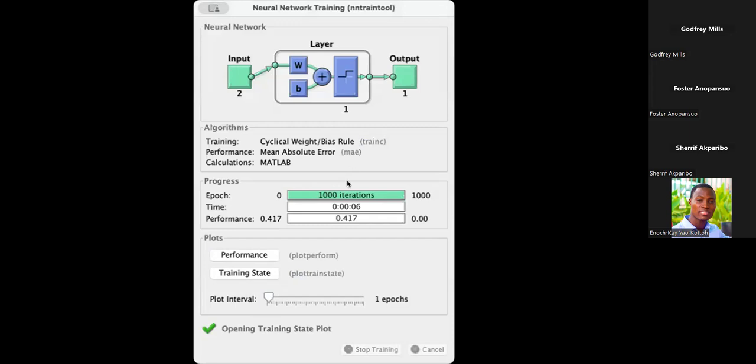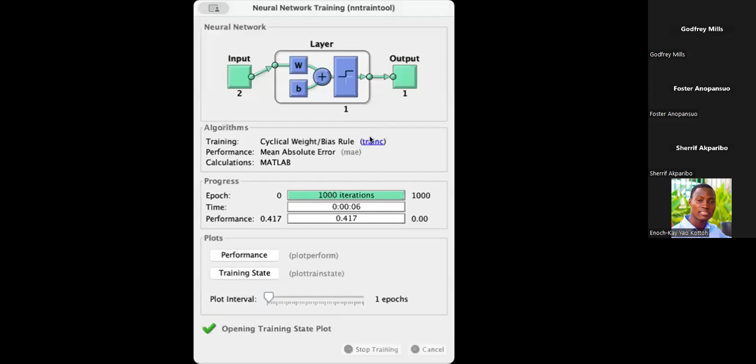So when we come to the, what do we call it? Now the network training. Supposedly, if the network has trained enough, then I can now test the network.